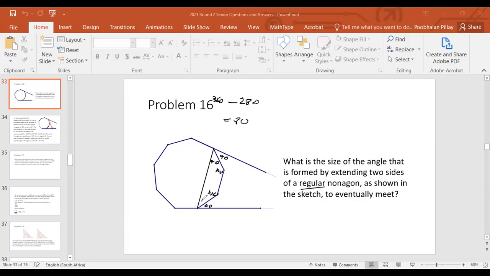So each must be 40, which means that that angle is 80, that angle is 80, and the other angle must be 20. 80 plus 80 is 160. So the third angle will be 20. Okay.